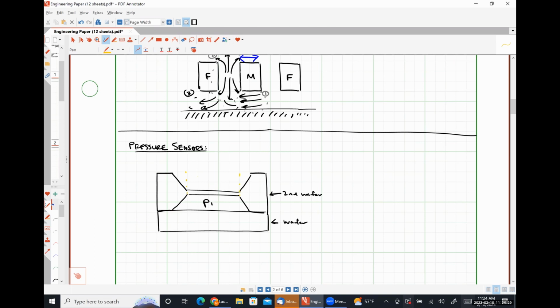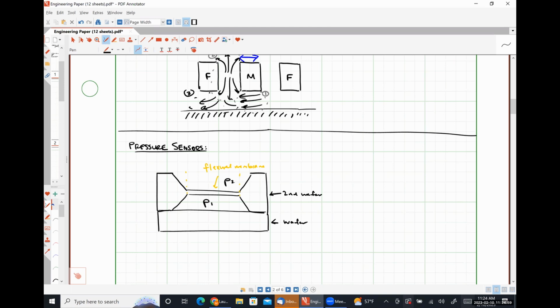Between these two dashed lines, this thing down here, we have a flexural membrane or diaphragm. And so if there is some different pressure P2, then that differential pressure P2 minus P1 is going to cause that membrane to deform.